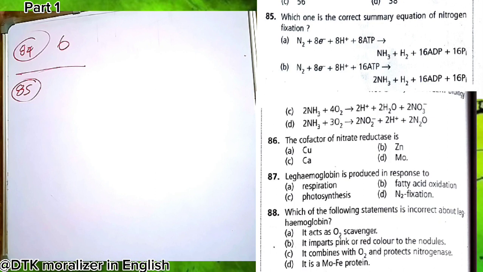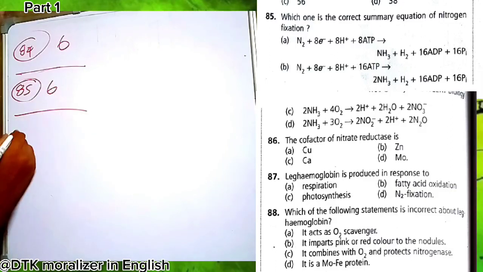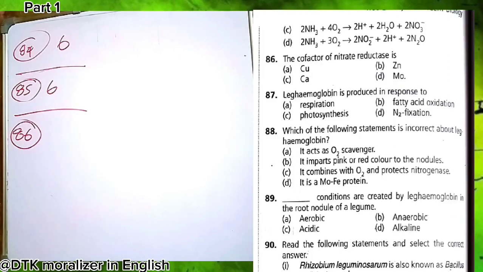Question number 85. Which one of the following is the correct summary equation of nitrogen fixation? As you can check the equations, here option B is right.